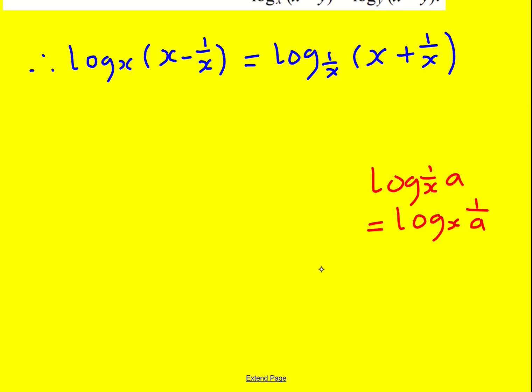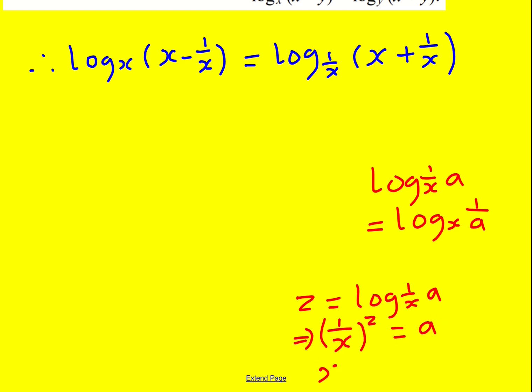Now let's just prove this. So let's call this z. That would imply that 1 over x to the z is equal to a. Hence, x to the minus z equals a.